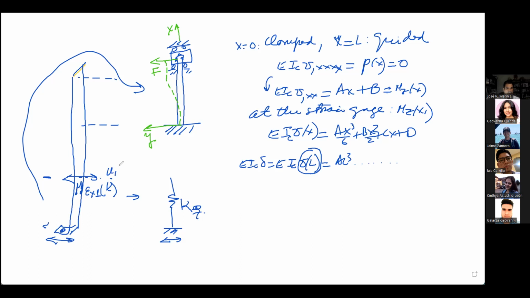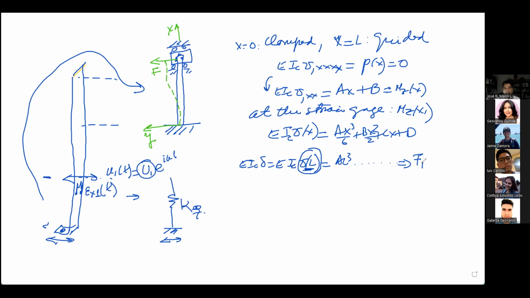So this is U1, U1 e to the i omega t. So after you do this, in here you have F. So from here, you can calculate, let's call it F1, because it's from the first story.